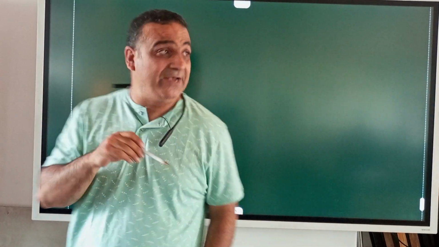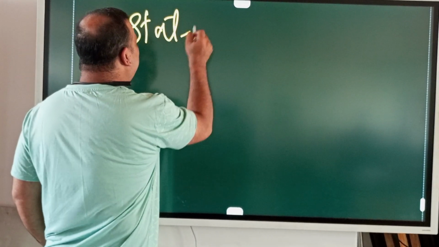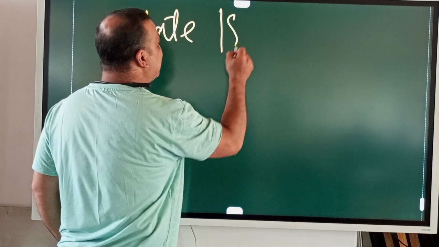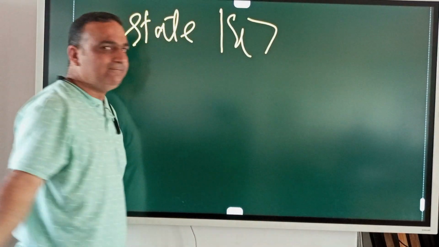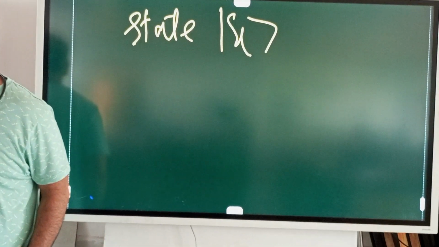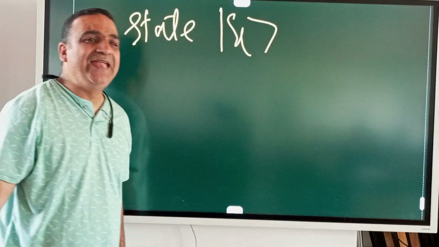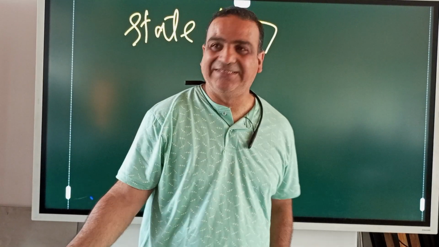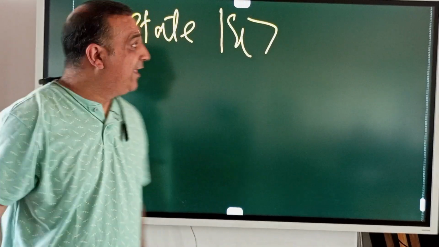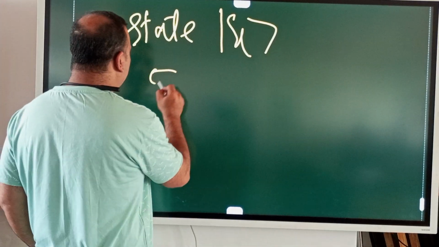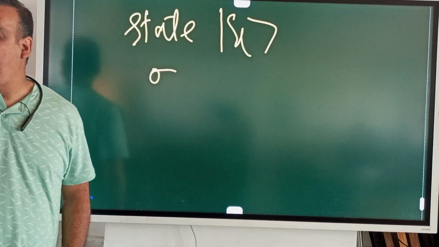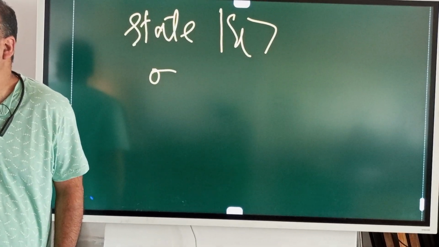Now if they are Hermitian operators, say for example, I will choose a state zeta, the ket of zeta. And I have sigma, which is a Pauli matrix.